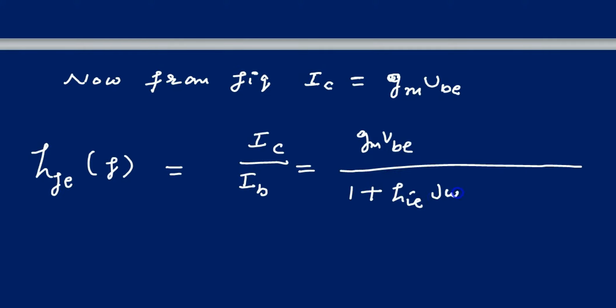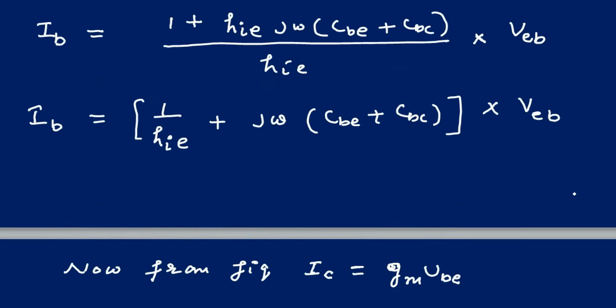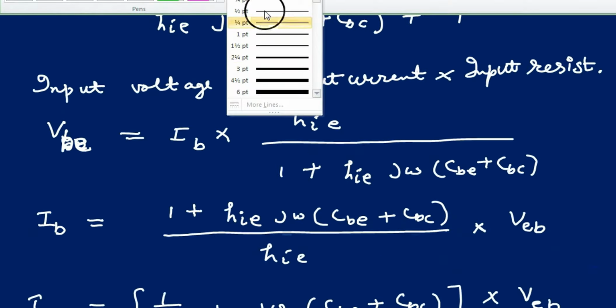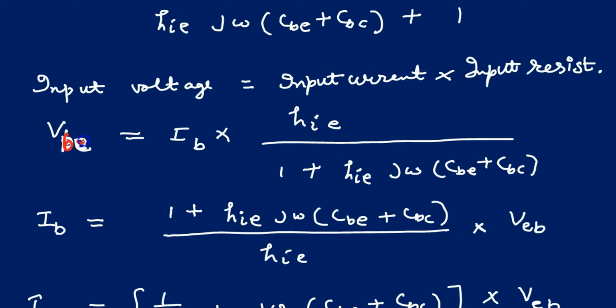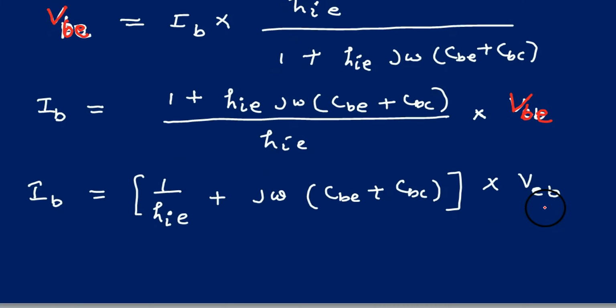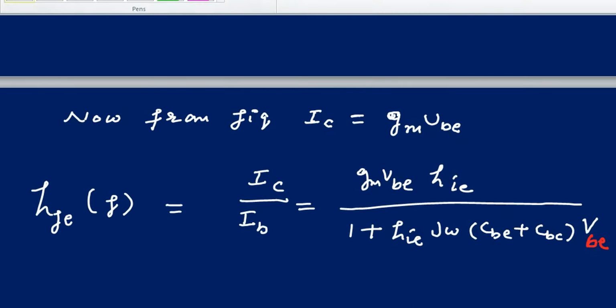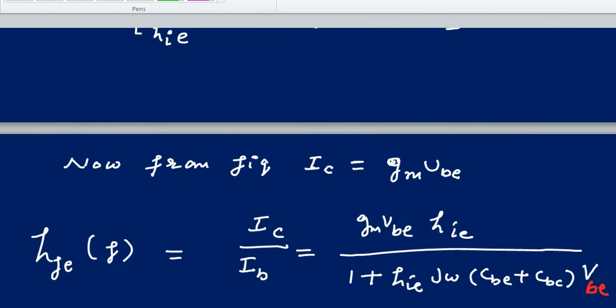Substituting the two values, so this is VBE actually, not VAB. So VBE cancels out between denominator and numerator.